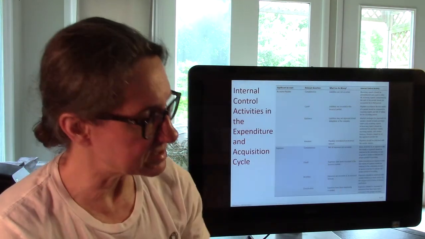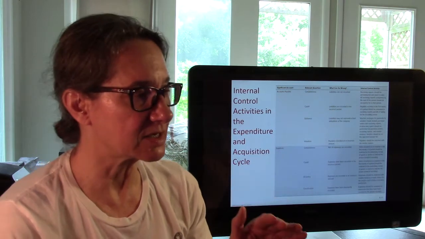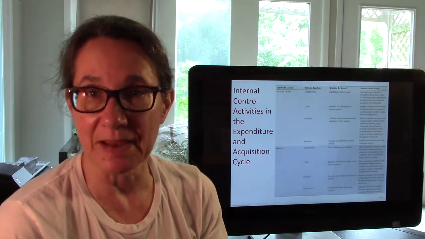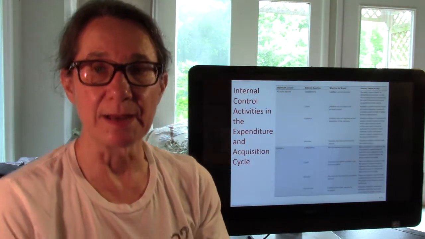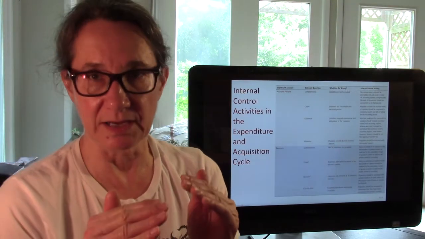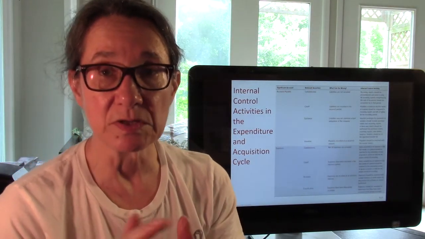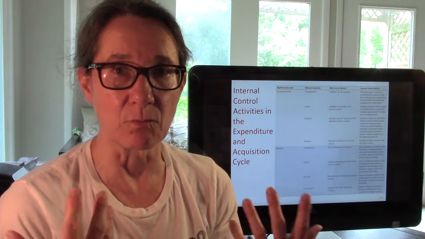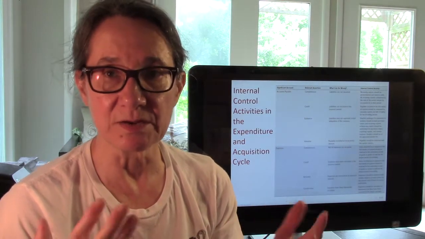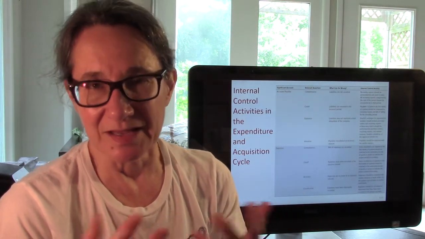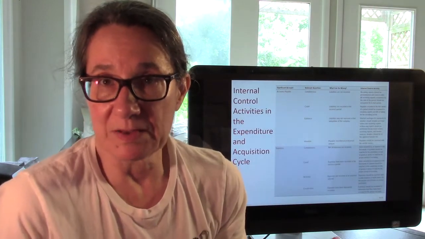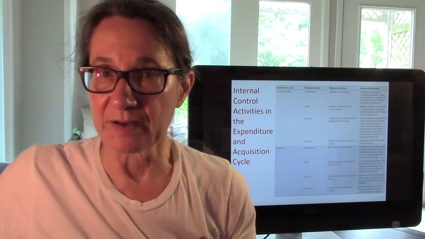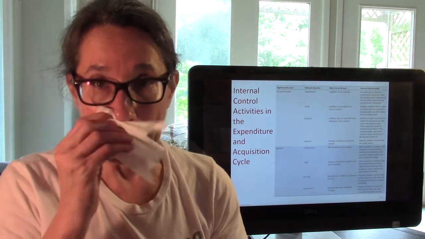So you do have to test for this other stuff, but completeness and cutoff, those tend to be the ones where management fraud is coming into play, and management fraud is more likely to be material than an employee fraud, right? So if you think about Walmart, could some employee get away with purchasing something a few $1,000s? Maybe they could. They've got good controls there, but I suppose it's possible, right?